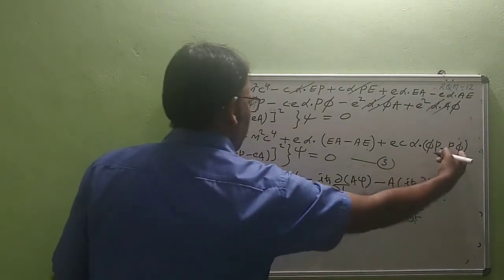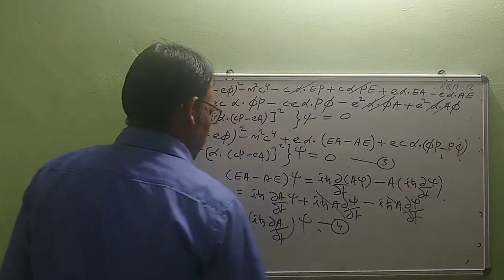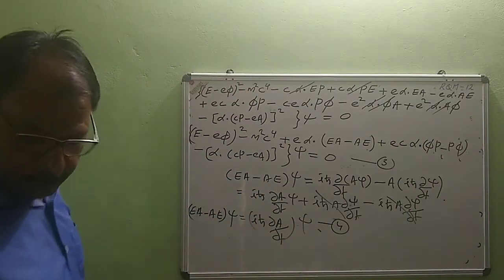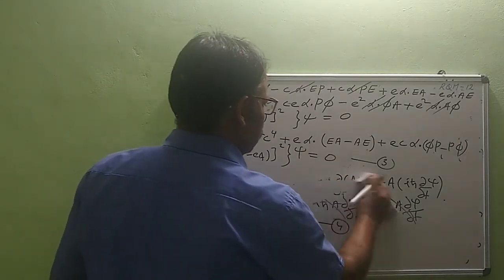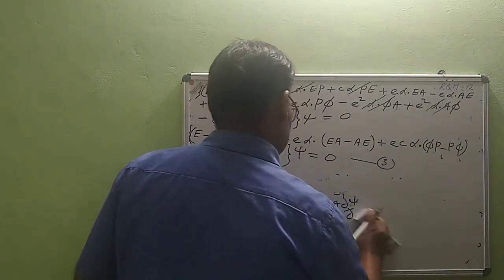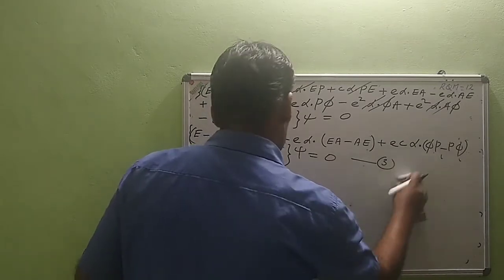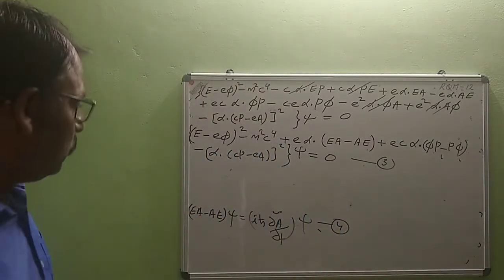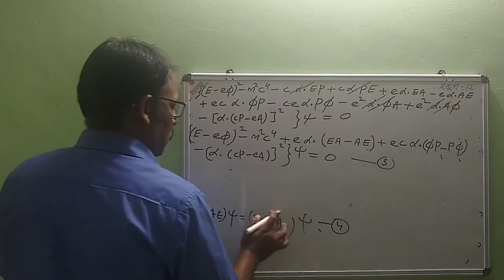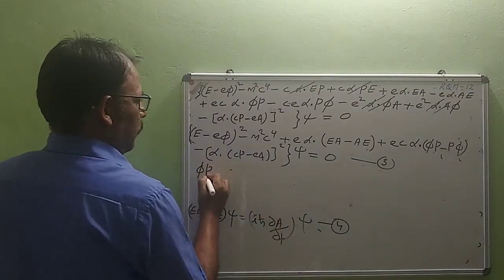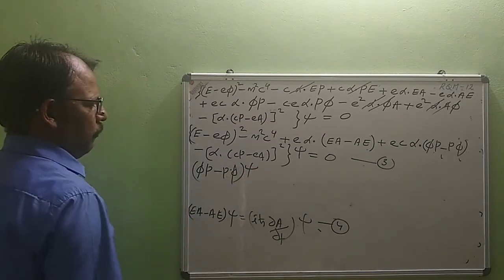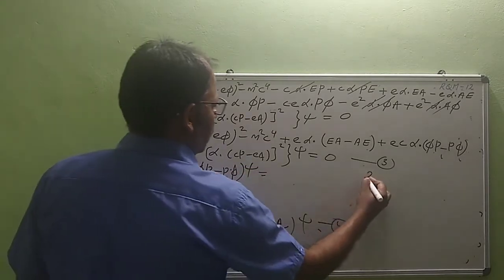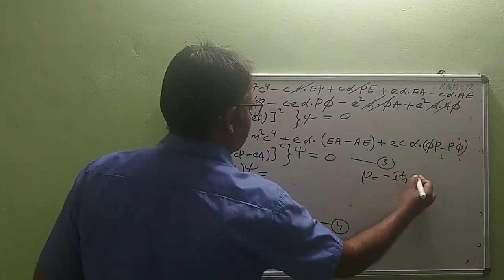Now take this phi P minus P phi operating on psi. Phi P minus P phi operating on wave function psi, where P is minus IH bar del.